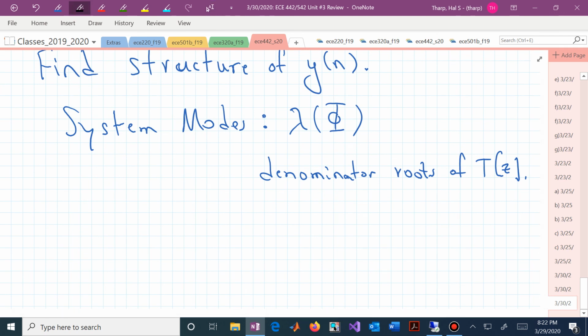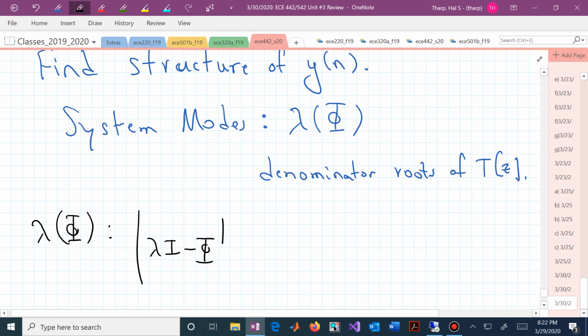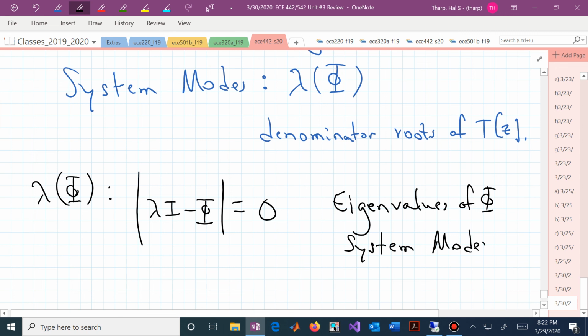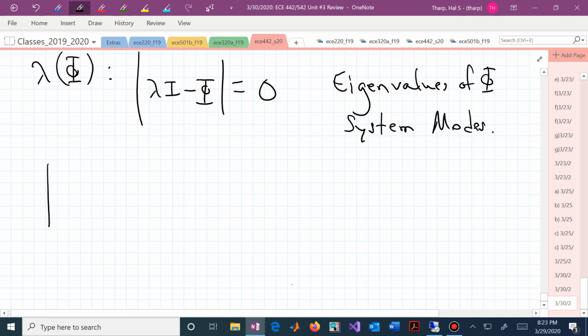If we now find the eigenvalues of phi for this system, we look at the determinant of lambda I minus phi and set that equal to 0 to find the system modes. The eigenvalues of phi are the system modes. In this case, lambda I minus phi would be lambda minus 3/4, minus 1, 1/8, and lambda.